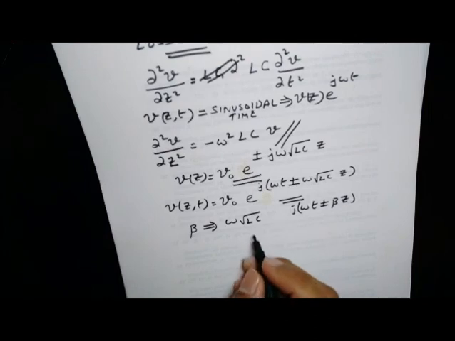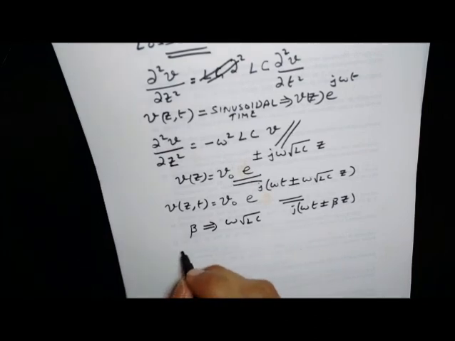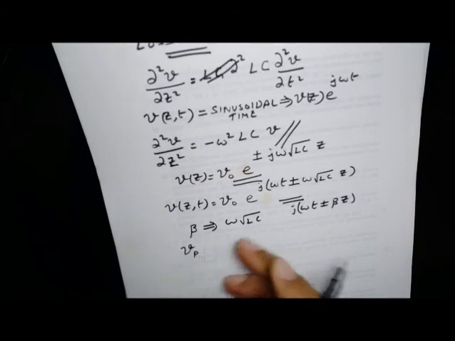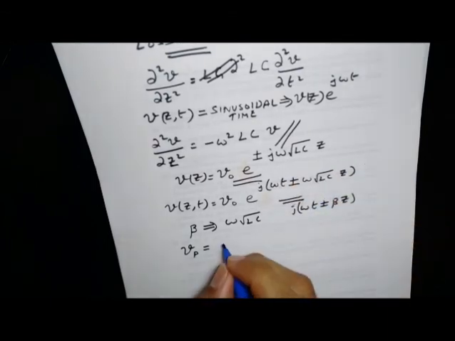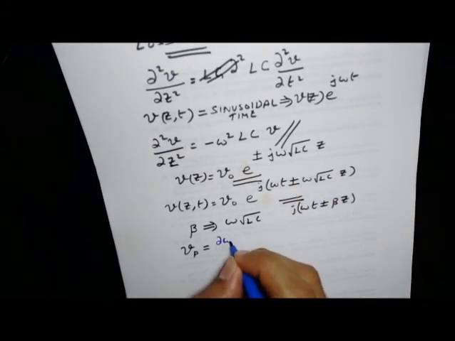So the role of beta is played by omega root LC, which means that the phase velocity of the propagating voltage over the transmission line is, recalling uniform plane waves, omega by beta.